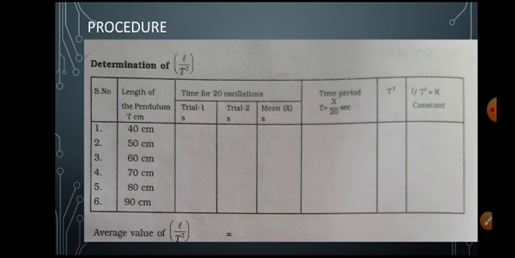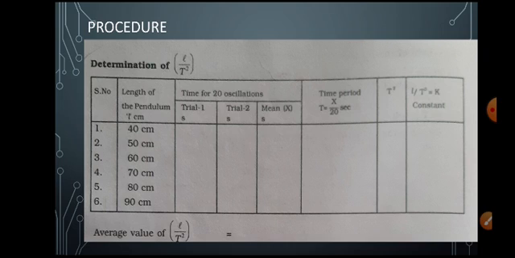Like this, you repeat this experiment by changing the length of the pendulum. For example, 40 centimeter, 50, 60, 70, 80, 90, 100 centimeter, 110, 120, like that. You can change the length and you have to note down the time taken for the 20 oscillations.